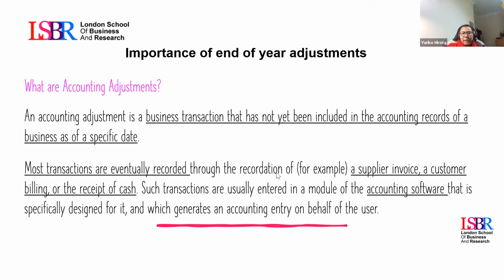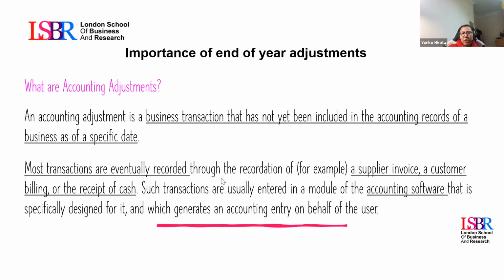Normally, because most companies have the software that we discussed in the first section, that software maybe has the function to generate that adjustment. But we need to put, for example, the amount, and add the date of, for example, the invoice.